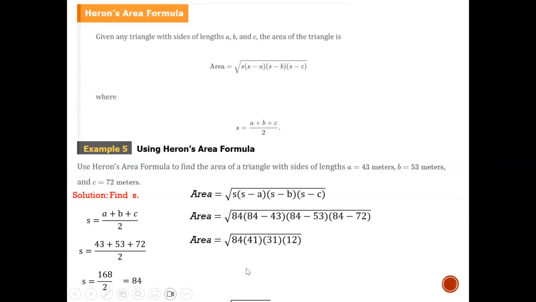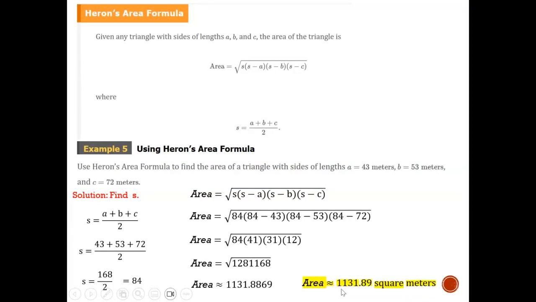We put it into the calculator, and we get the square root of 1,281,168. The square root of that gives approximately 1,131.8869. Round it to two places, and the area will be 1,131.89 square meters. See, guys, here I put the square meters.